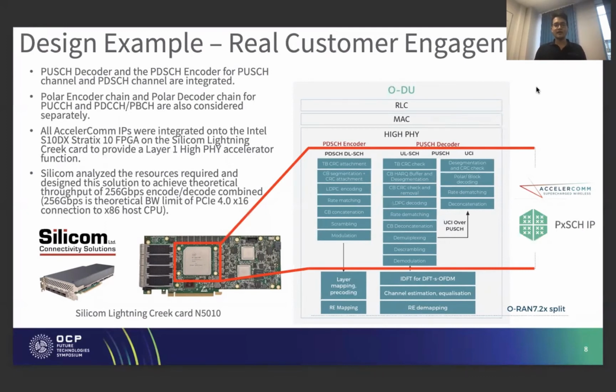One thing worth noting is that this Silicom card has a PCIe Gen 4 x16 connection, which provides, in theory, 256 gigabits per second bandwidth.